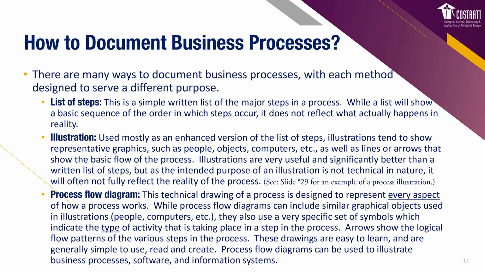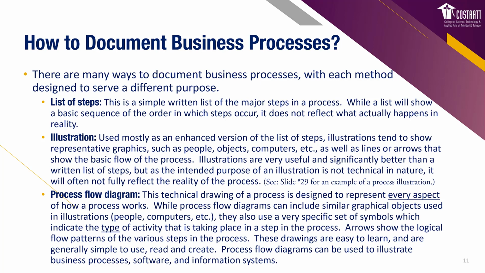Here we have three different methods: listing the steps in a process, creating an illustration that tries to show what the process looks like, but this kind of illustration is really more or less for broad showcasing. It's not really a technical document. And lastly, we have something called a process flow diagram, which is a technical document.